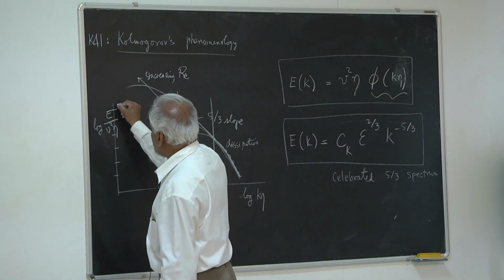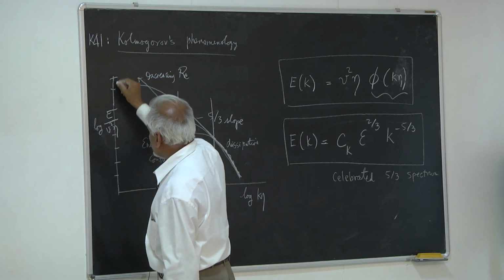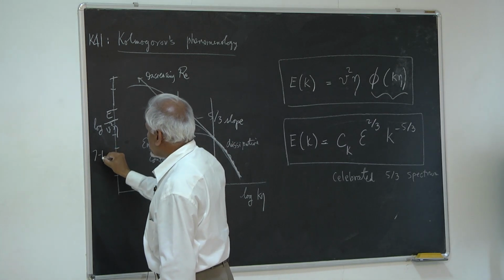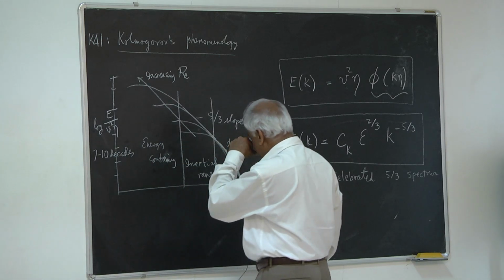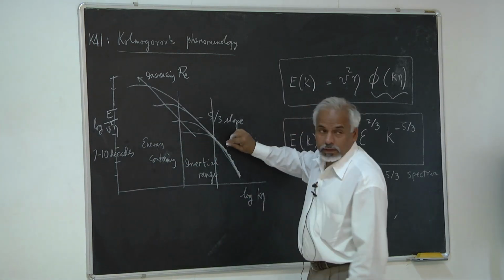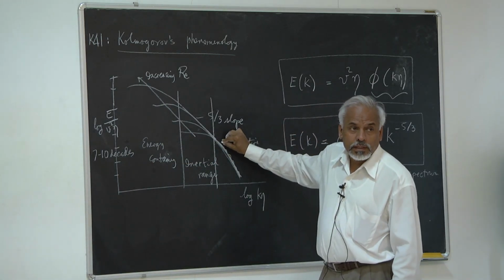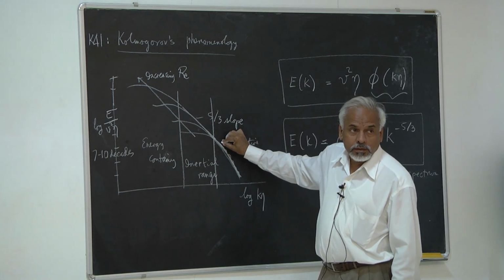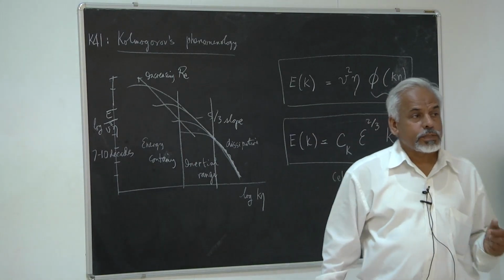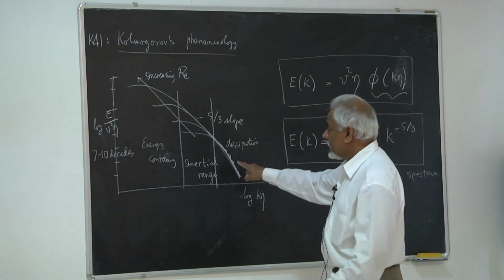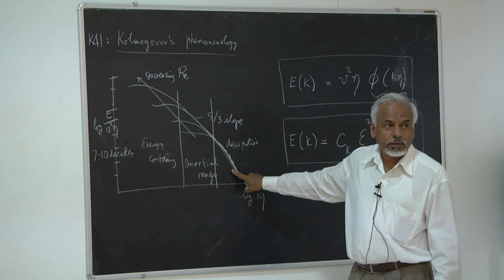And the log scale, if you have a high Reynolds number, is 7 to 10 decades here in energy. And then you're looking at universality on a log plot. You can always be fooled into thinking that everything collapses on each other. A factor 2 would make no difference at all on this, right?